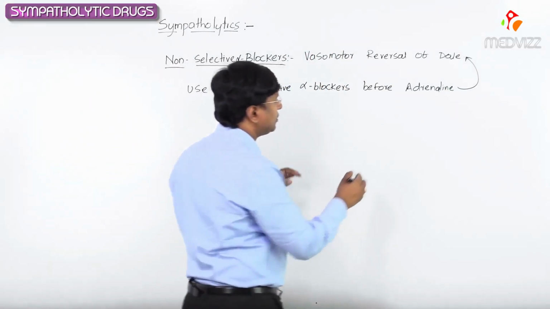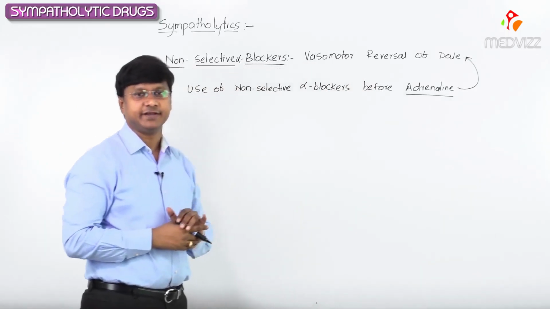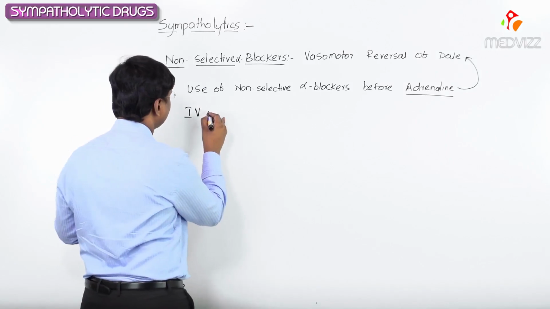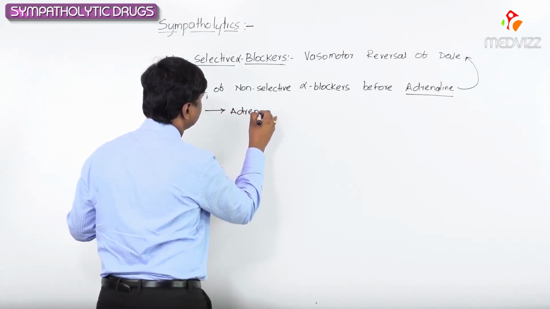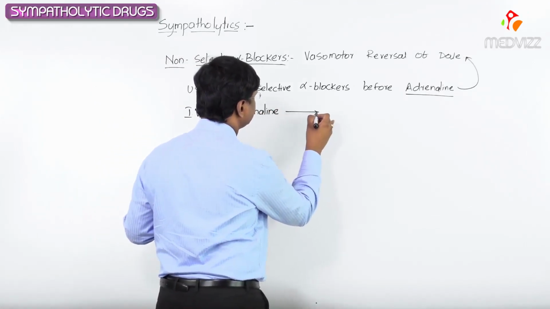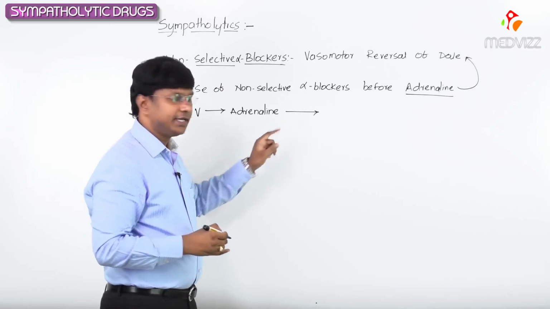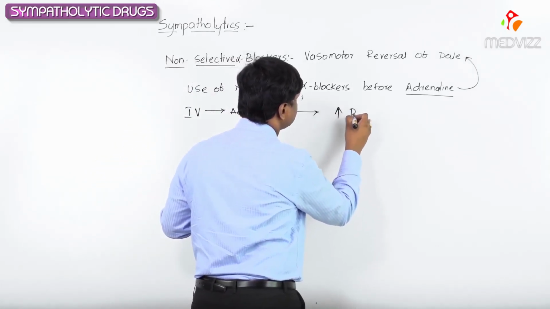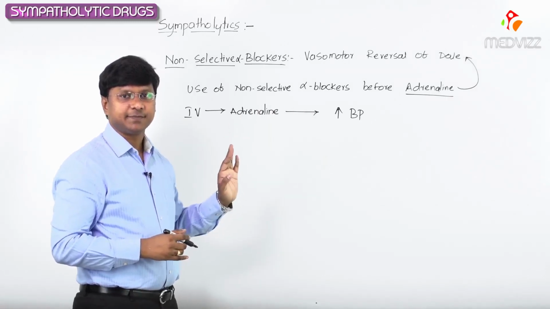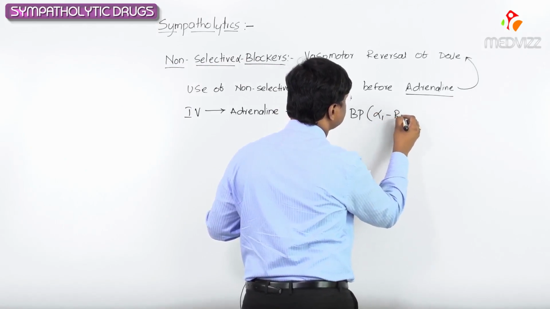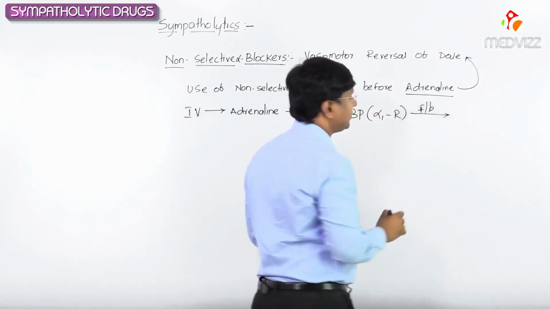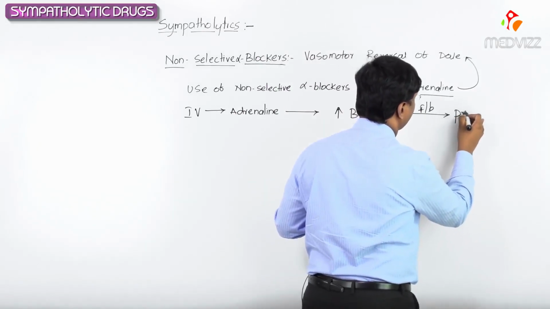Before that, let me tell you what will happen if adrenaline is given intravenously. Remember, an intravenous injection of adrenaline normally causes an increase in the blood pressure of the individual, that is alpha 1 receptor stimulation, followed by a prolonged fall.